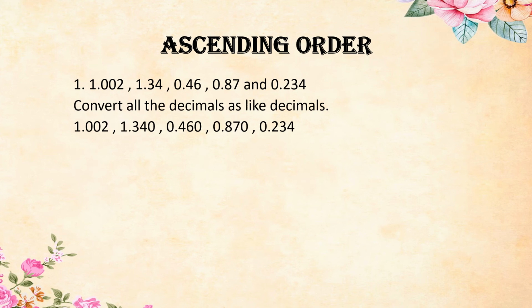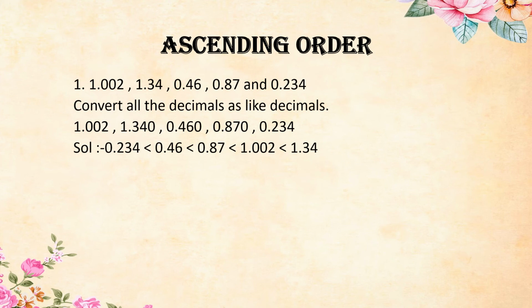That means we'll add zeros. Then we can simply compare that 0.34 is less than 0.46 and 0.46 is less than 0.87. 0.87 is less than 1.002 and 1.002 is less than 1.34.